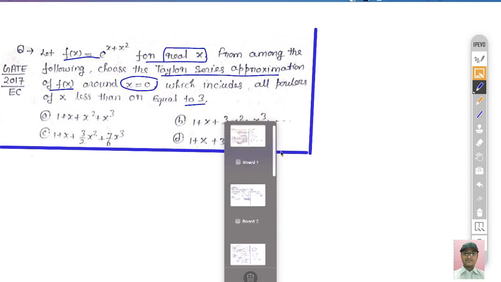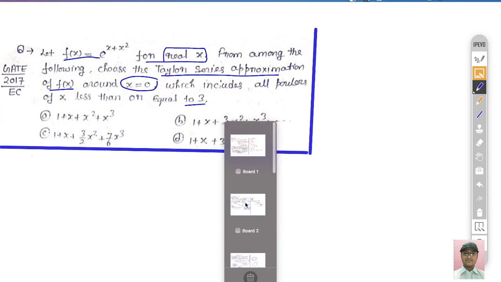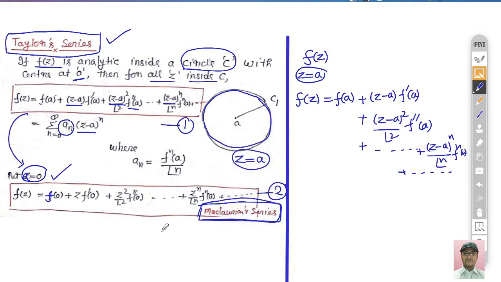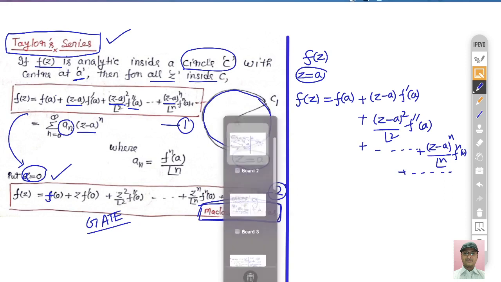If a is equal to 0, then you have to learn this second formula. This formula is very important from the GATE point of view: f(0) + z f'(0) + z²/2! f''(0) + ... So we just use the same formula in this case.